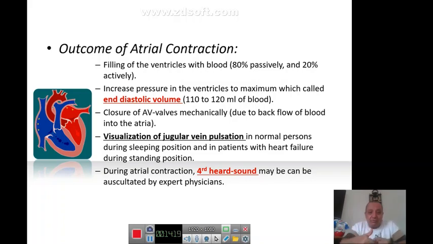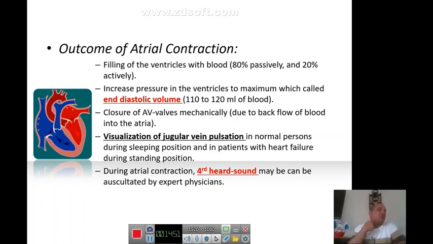Second or third or the next one is visualization of the jugular vein pulsation. We see when the patient is in the lying position or in the sleeping position, we can just turn the head to the left or the right side, and you can find here in front of the strongest muscle, which is the sternocleidomastoid muscle, a pulsation.